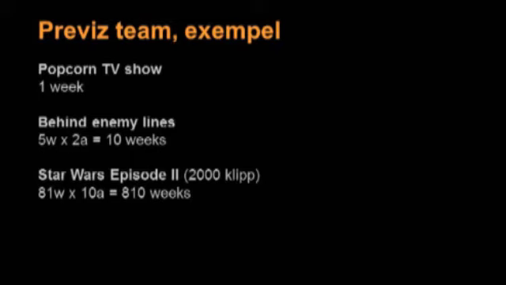And we can compare that to Star Wars Episode 2, where there were about 2,000 visual effect shots. That was almost every shot in the movie. George Lucas was very interested in using previs, so they made quite advanced, well-developed previs of the whole Episode 2, and I guess Episode 3 as well.